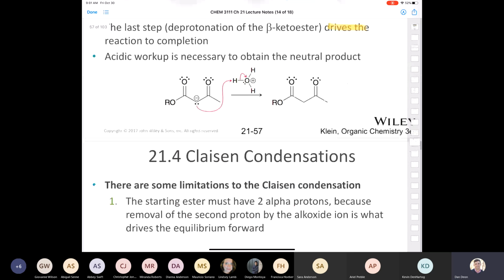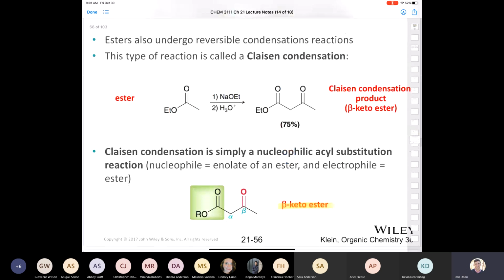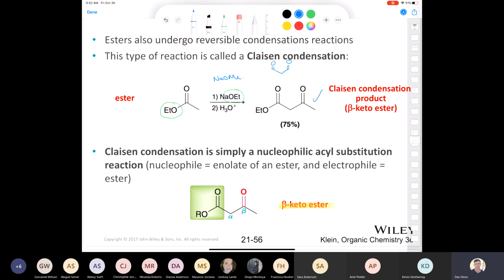If we go all the way back here in this example, the first thing that we showed you was that you have the OR group as being an O-ethyl, and we used ethoxide. If the scientist had messed up and chose sodium methoxide, they would get this product, but they'd also end up with the transesterified product.